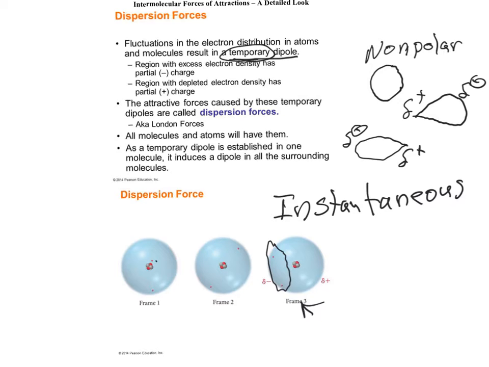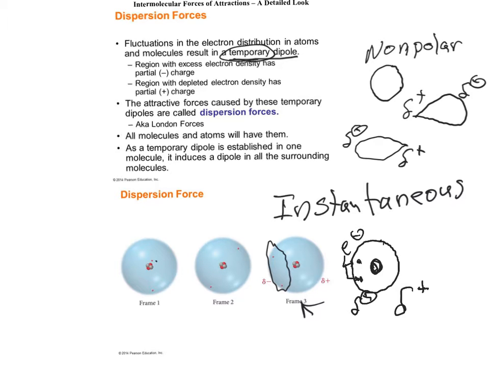So what happens then is as these instantaneous dipoles happen, and you have another molecule. Let's say you have another helium, and that helium's here, and now you have another molecule where the electrons are also on one side, just like we have here. So here's your nucleus. These are your electrons. Then you're going to have these partial poles again, partial charges, I should say.